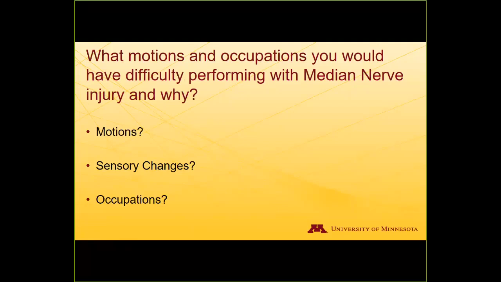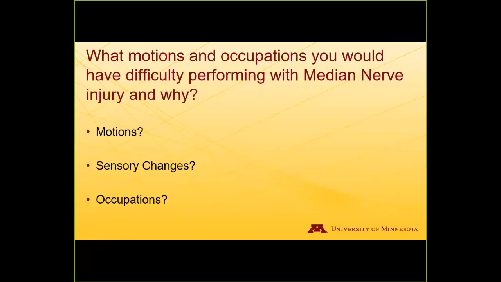Any type of finger flexion. So the lumbricals are going to be weak, right? Their responsibility is to help flex the MP joint and extend the IP joint. So it'll be weaker to flex, MP flexion, and IP extension will be a little bit weaker on that side.